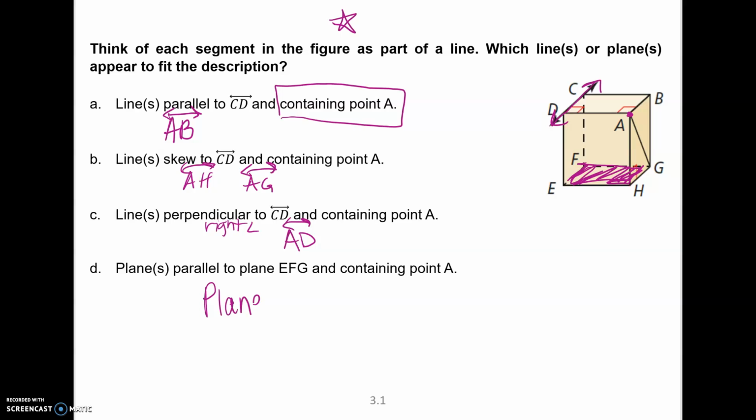So this would be plane ABC. You could use any of those 4 letters. You could do DAC, DAB. Any of those 4 letters up there. Remember, 3 letters make a plane.